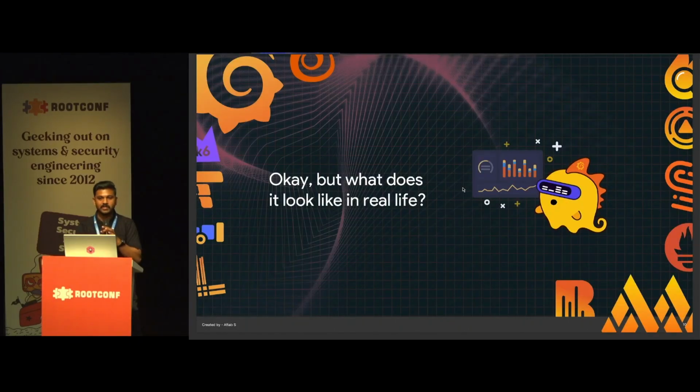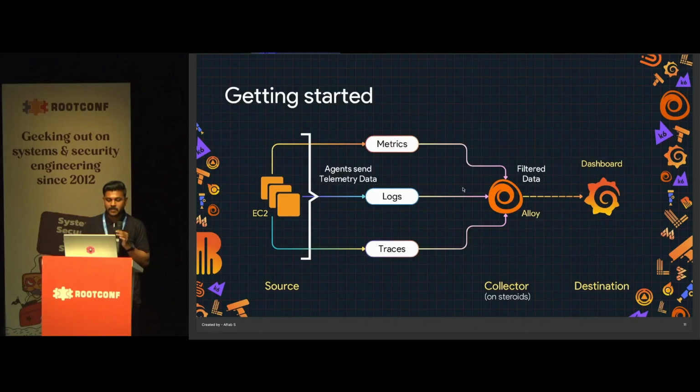Now, okay, so I have told you about observability pipelines and all. I hope the theory is clear. Now, what does it look like in reality? In this particular example, I have an EC2 instance running. Amazon users are there everywhere. So, EC2 instance running, and using certain agents, I'm taking logs, metrics, and traces, and I'm pushing them to a vendor-neutral OpenTelemetry Collector from Grafana.